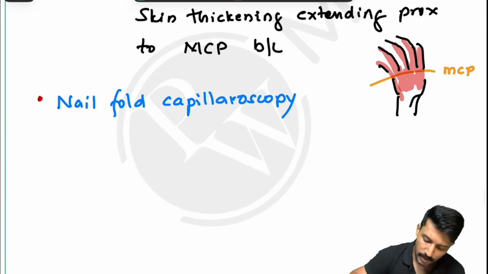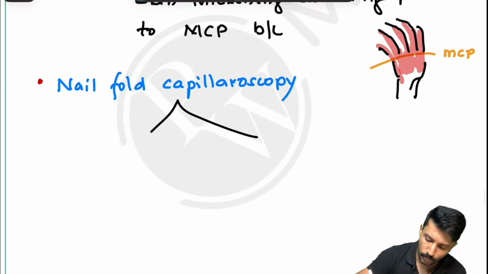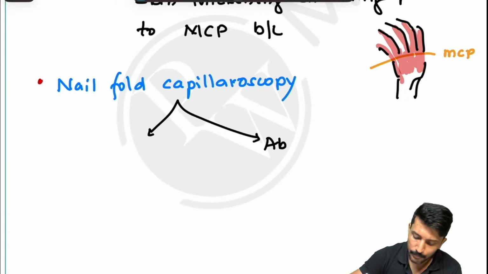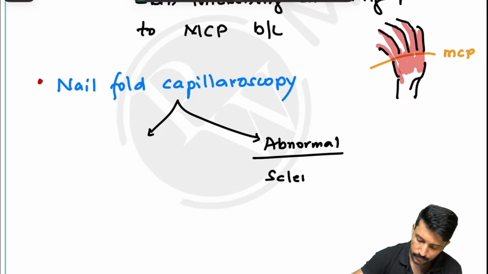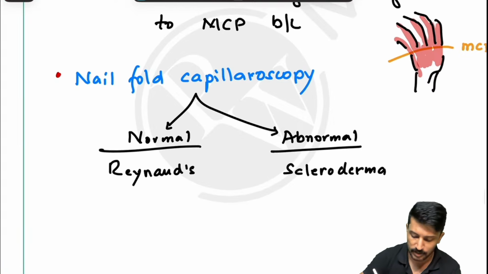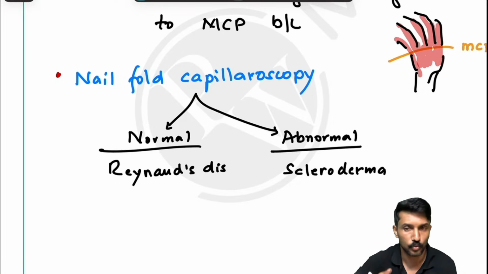In nail fold capillaroscopy, the capillaries will be abnormal in case of scleroderma, but they will be normal in case of Raynaud's disease. Raynaud's disease is nothing but an exaggerated physiological response to cold. Many women do experience it.